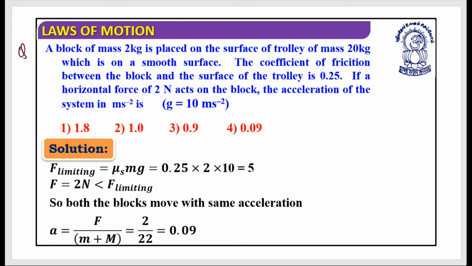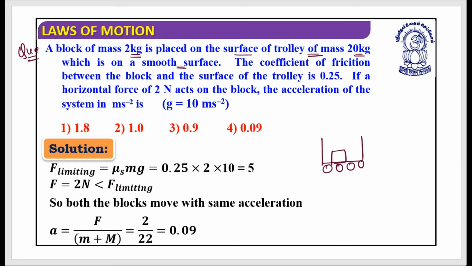Let's have a look at this question. It says that a block of mass 2 kg is placed on the surface of a trolley of mass 20 kg, which is on a smooth surface. The coefficient of friction between the block and the surface of the trolley is 0.25.